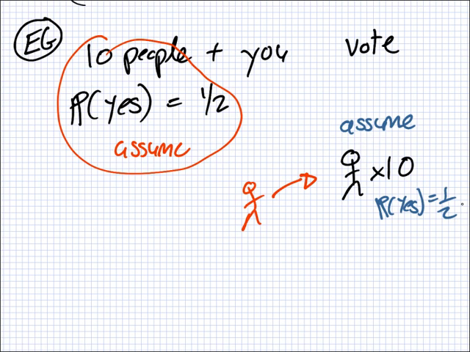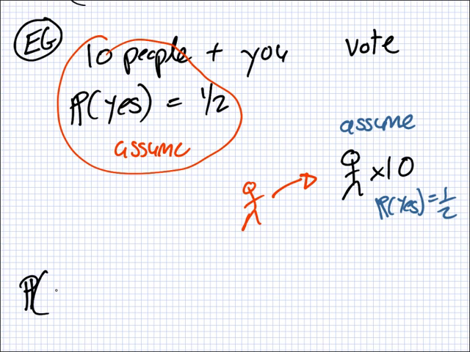This is a reasonable assumption if you don't know anything about the 10 people. If you don't know which way they're going to vote, it's reasonable to say it's 50-50. My question is, I don't want you to calculate, I just want to think about what you would calculate.